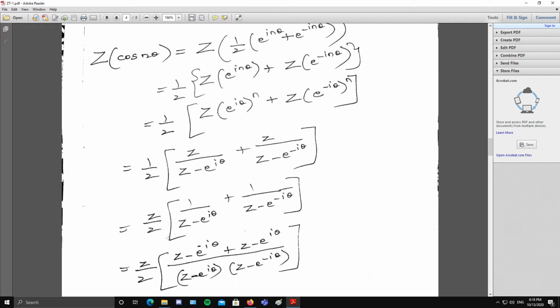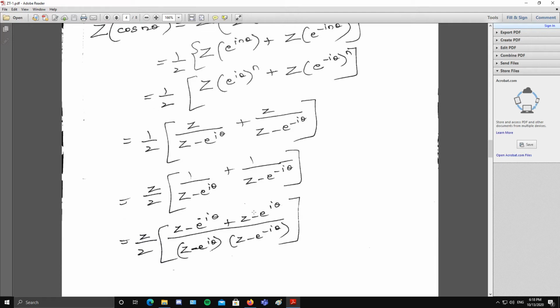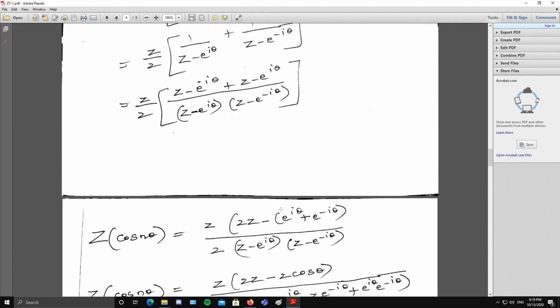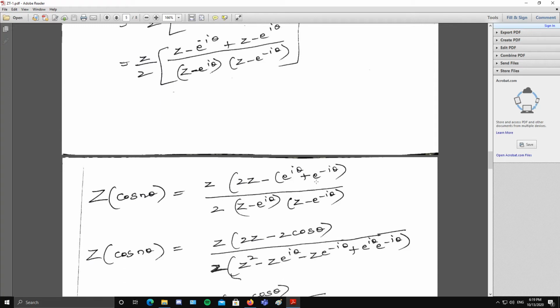So z by 2 of 1 by z minus e power i theta plus 1 by z minus e power minus i theta. So take the LCM. Z minus e power minus i theta plus z minus e power i theta. So it is 2z minus of e power i theta plus e power minus i theta. So 2 gets cancelled. Z into z plus z is 2z.